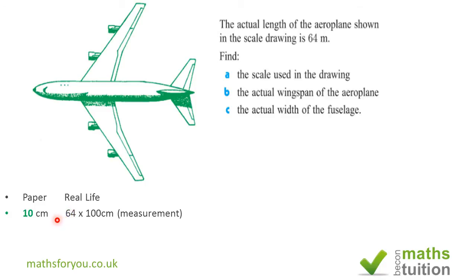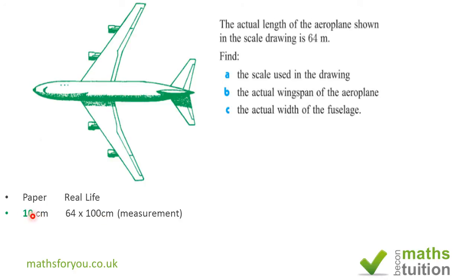And because there are 100 centimeters in 1 meter, I have to change that to centimeters because the units must be the same. So 10 centimeters on paper is equivalent to 6400 centimeters in real life.